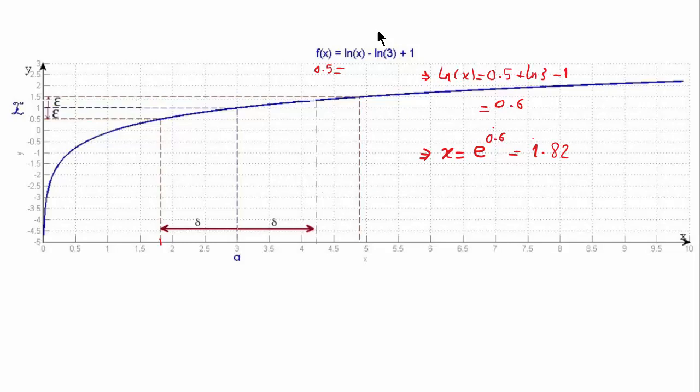So here we have this x is 1.82, and delta, if we want to calculate delta, it's the difference between a and this x. So it's 3 minus 1.82 equals 1.18. And I want you to know that you can take any value for delta which is smaller than this number.